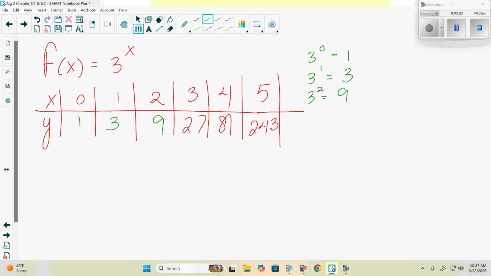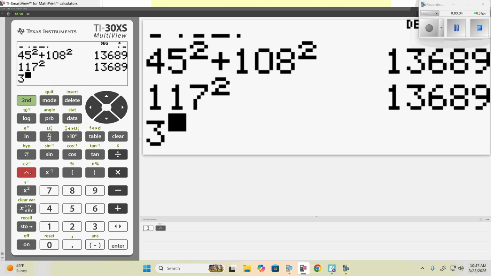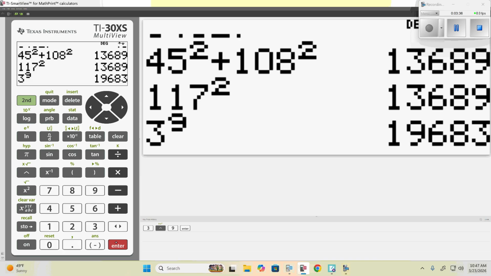If we're starting to notice, the amount that we're increasing is increasing faster and faster. That's why we call this exponential growth. Because if we go to the 9th power, 3 to the 9th power, we're looking at 19,683. This gets bigger and bigger. This is why we consider it to be exponential growth.